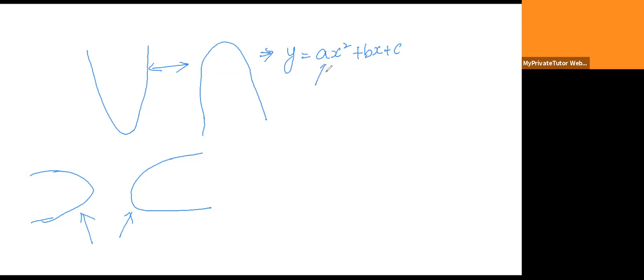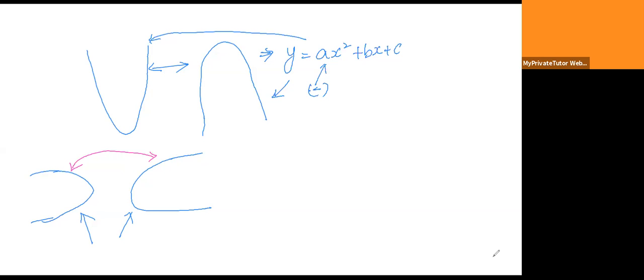If the a value is positive, it is open up. If the a value is negative, it is an open down parabola. I'm just talking about the graphing, what the output of quadratic functions looks like. The left and right ones maybe we'll discuss when we do the parabolas topic. We'll discuss more on that.